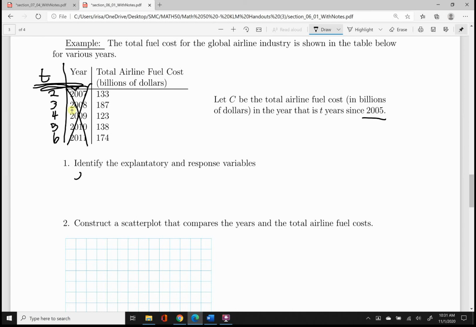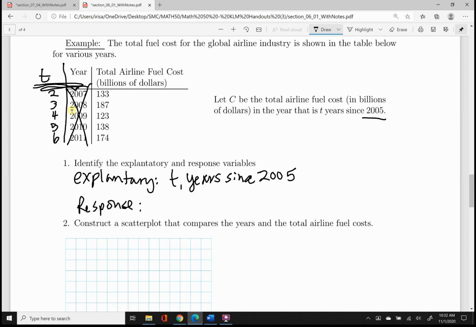So let's go ahead and identify the explanatory variable is t, years since 2005. The response is the fuel cost in billions of dollars, and they're calling it C. Okay, scatter plot away.